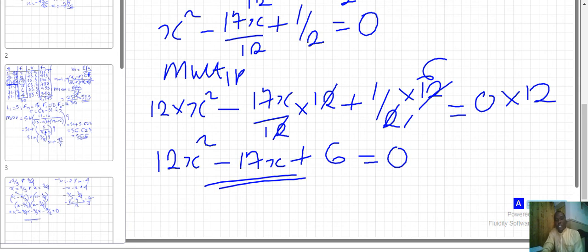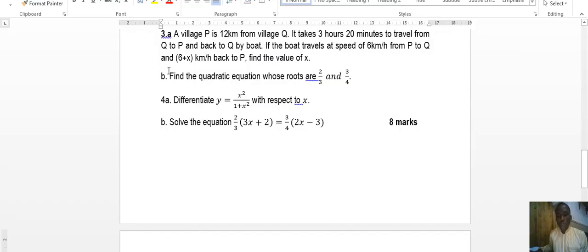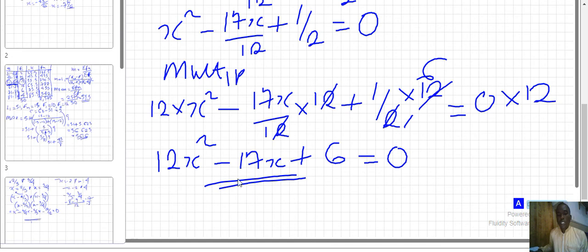So you see, it's very easy. Remember the question says we should find the quadratic equation whose roots are 2 over 3 and 3 over 4, and this is the quadratic equation.